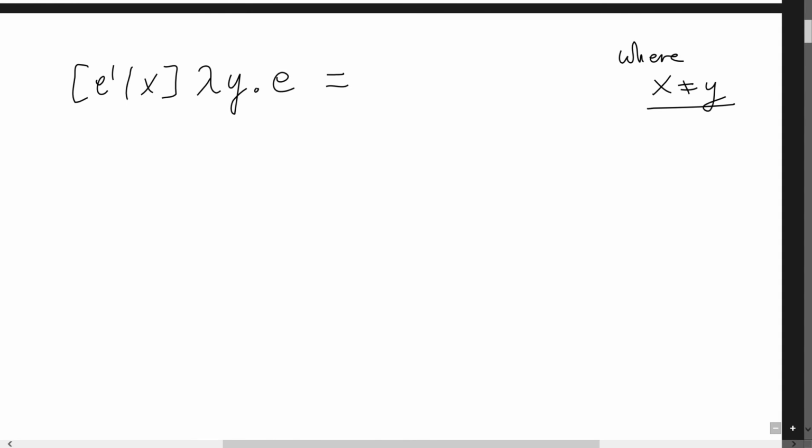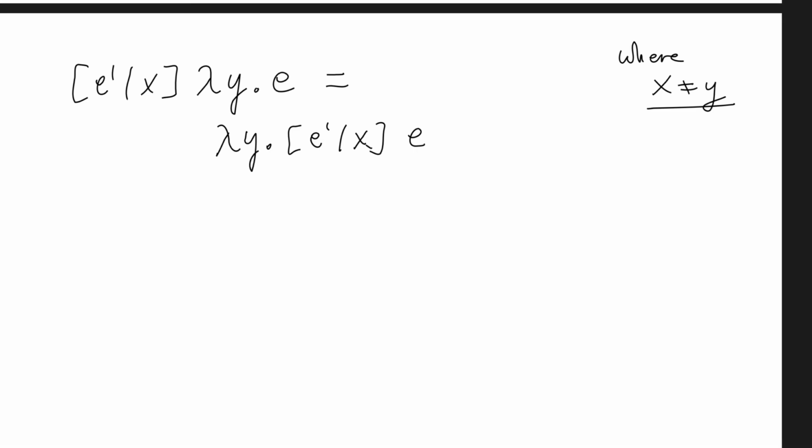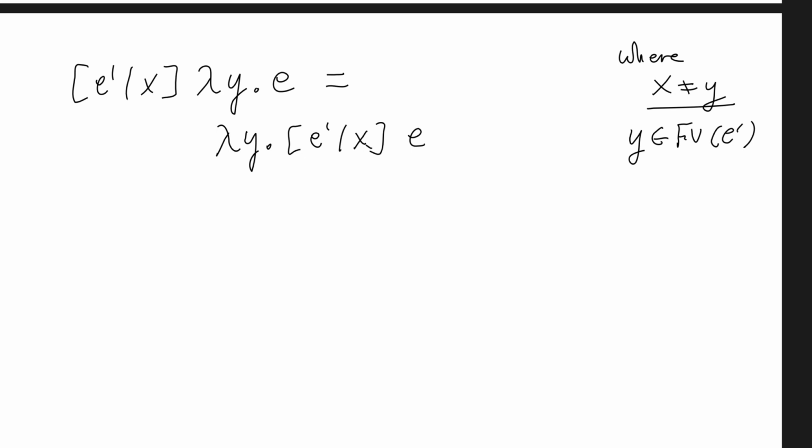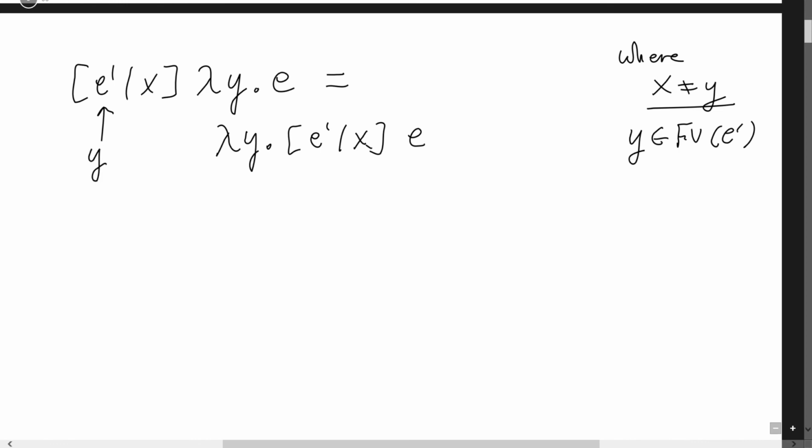Let's say that we erroneously write the resultant expression this way, E prime for x in expression E. And the problem here is if variable y is in the set of free variables of expression E, something bad happens. So previously, in this case, variable y is free.